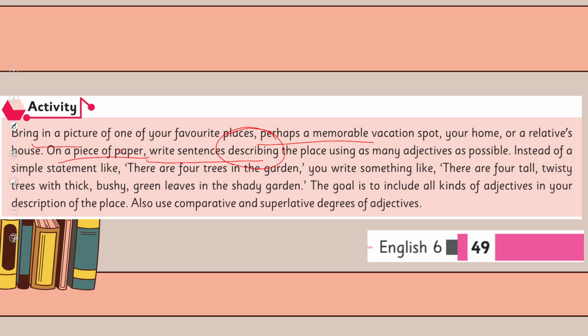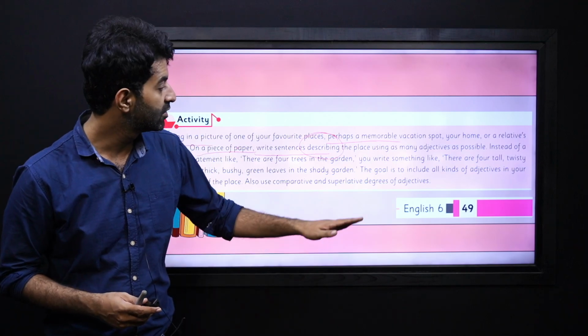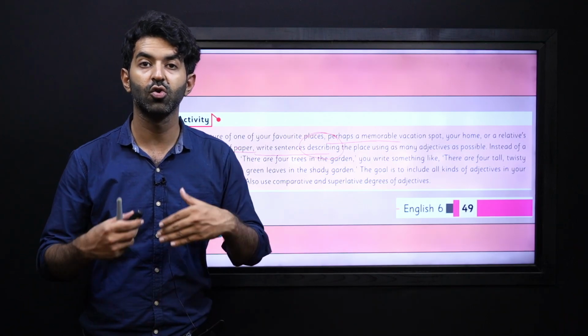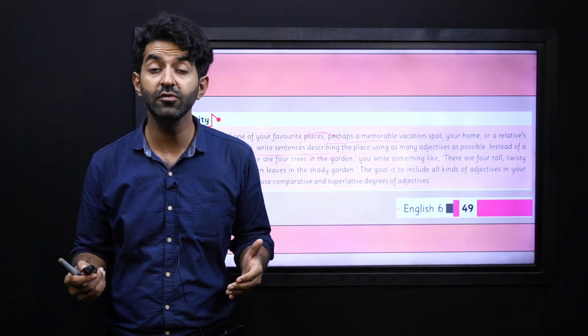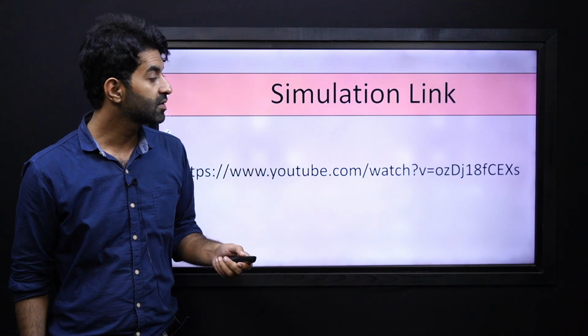So follow the rest of these instructions. Instead of just using it simply, you can just say there are four tall twisty trees with thick bushy green leaves in the shady garden. So many adjectives are used. Instead of just saying there is a tree in the garden, you can use so many adjectives to describe your noun.